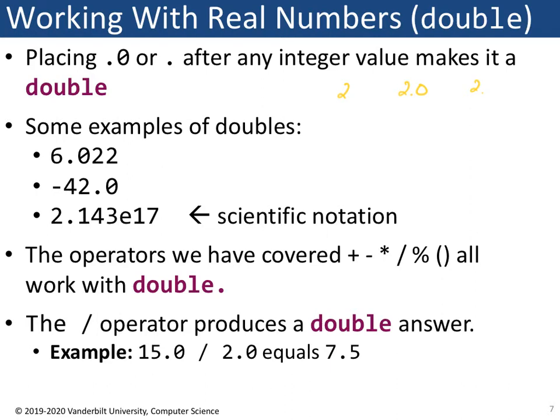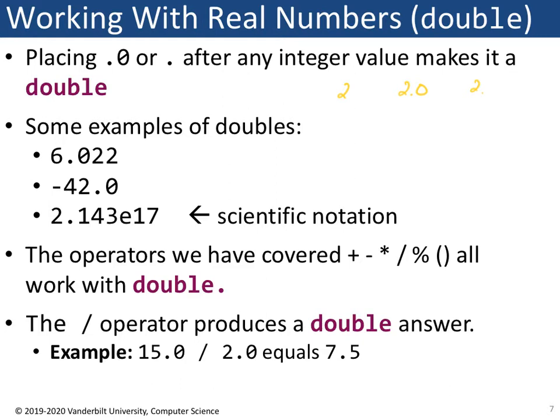So the operators we have covered so far are all compatible with real value literals and real value variables. The division operator produces a double answer. Just as when we were dealing with integer values and doing division, the result was an integer, in this case, if we're using reals or doubles, then the result of the division operator is going to be a double.